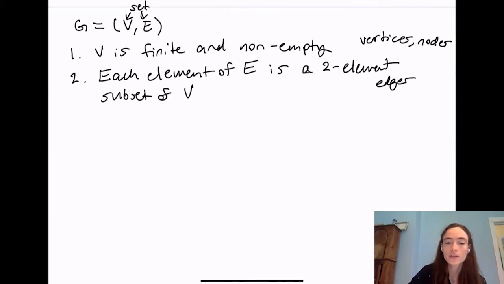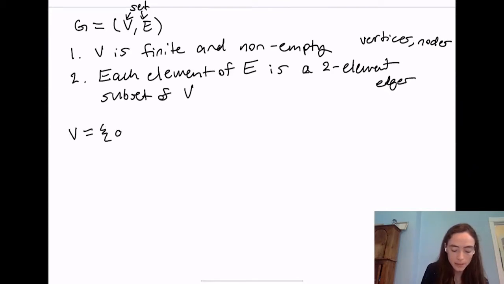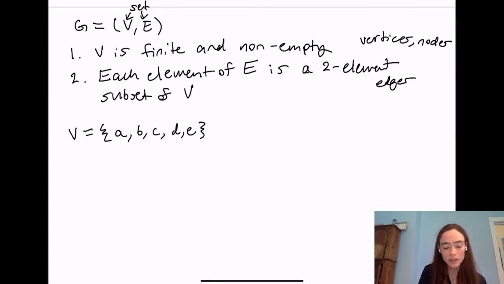So let's look at an example. If we let V be the set A, B, C, D, and E, these are our five things. And then with E, we're going to encode relationships between those things.